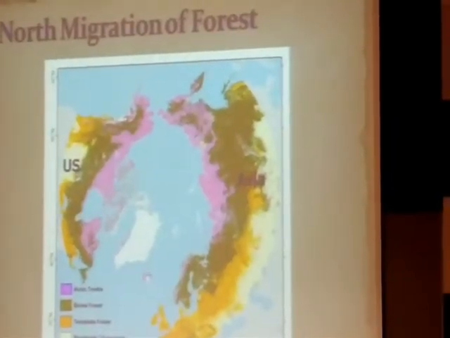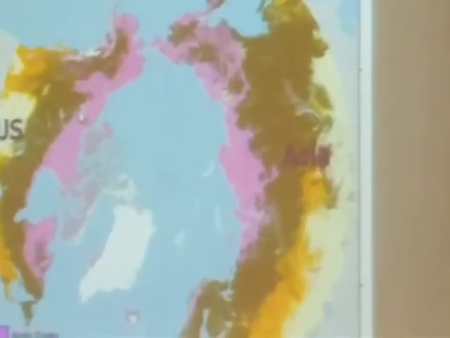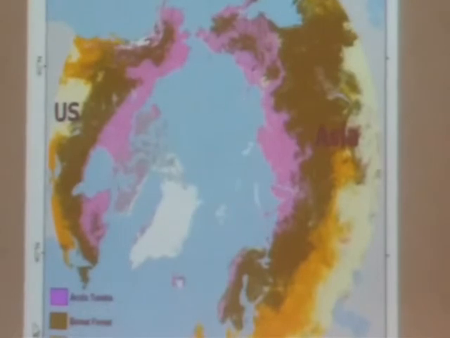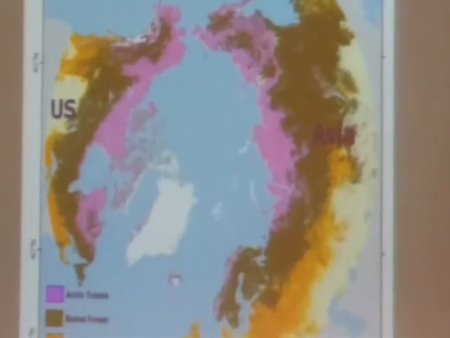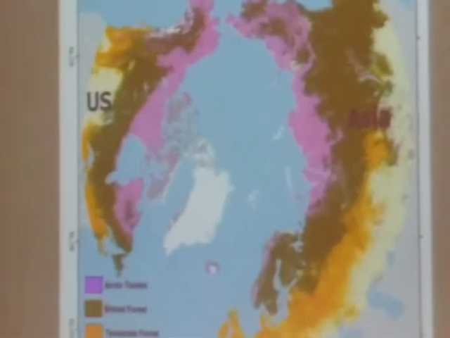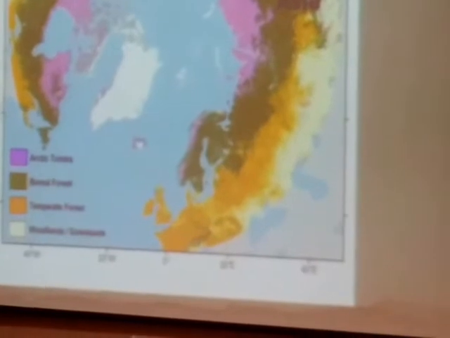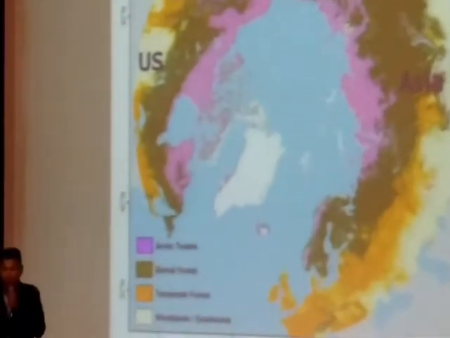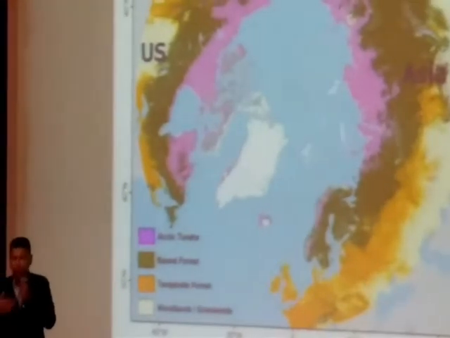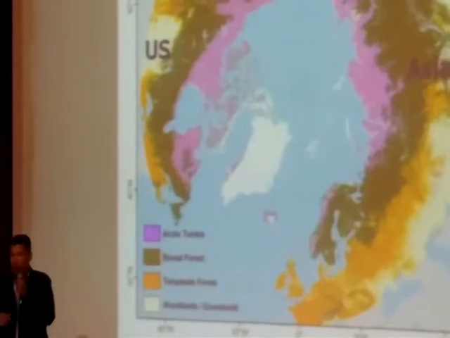We compare here: the pink color is Arctic tundra, the green one is boreal forest, yellow is temperate forest, and woodland and grassland. So based on current studies, they know that this migration occurs, and the forest keeps moving to the north, to the polar region. Because of what?